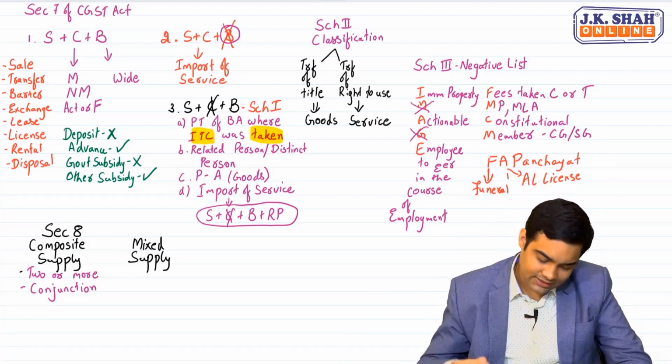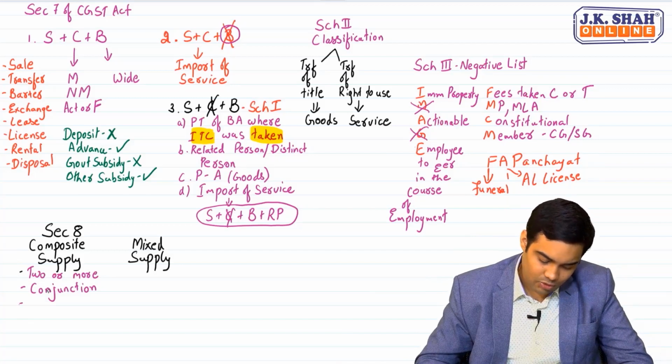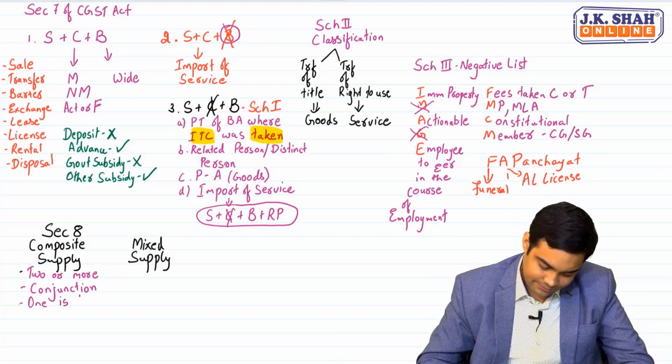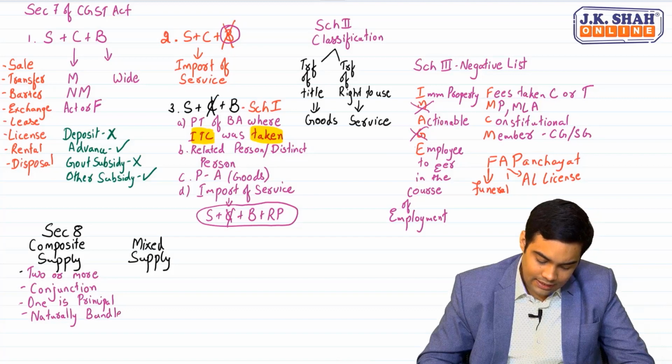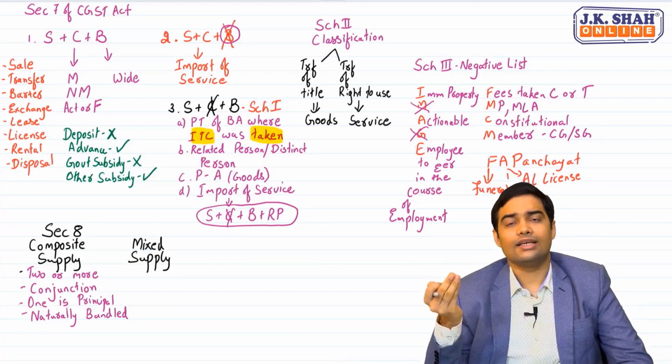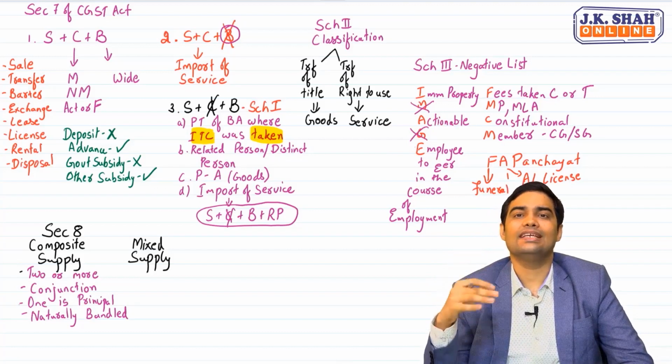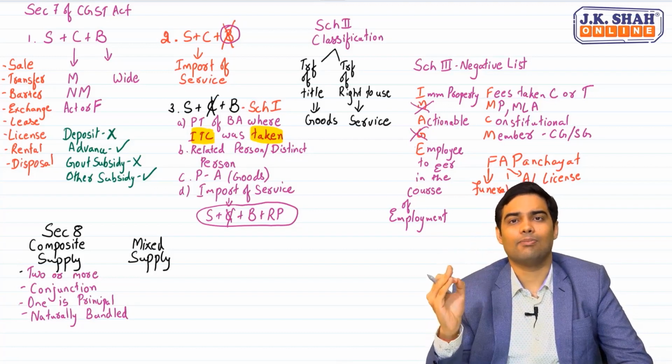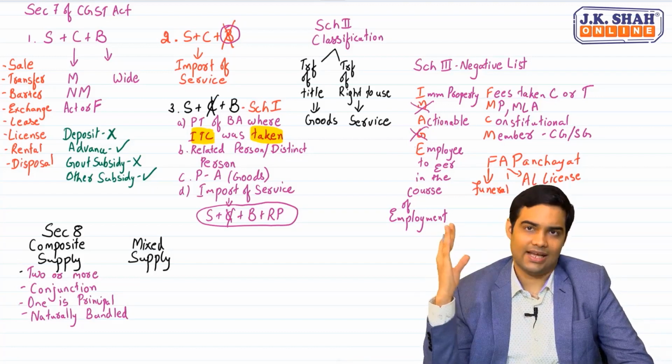So, composite supply is 2 or more, conjunction, 1 is principal supply. And last condition is they are naturally bundled in the ordinary course of business. Naturally bundled meaning, normally in the trade, when you go out, you will find this being supplies made by various suppliers.